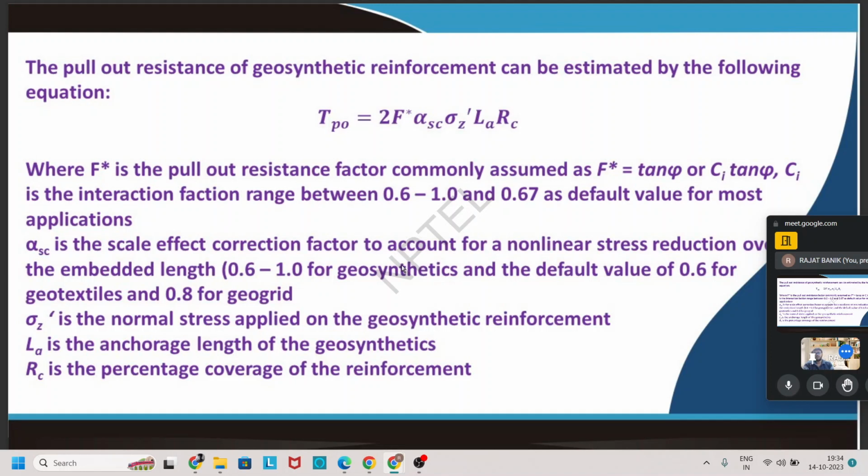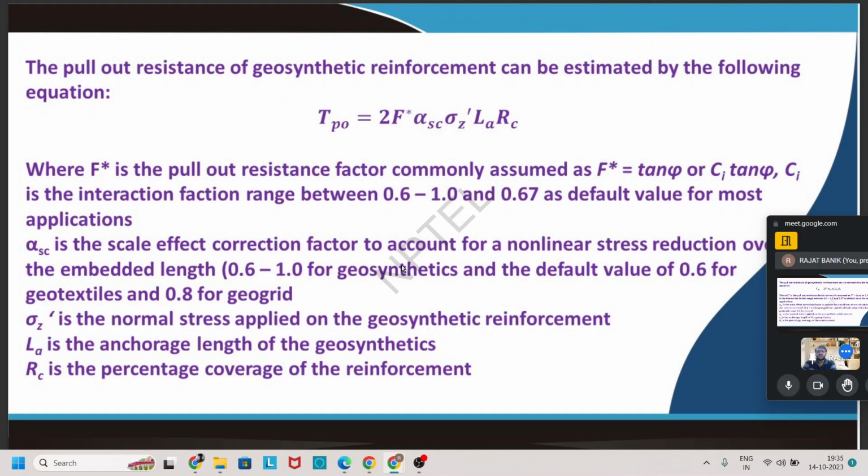Now we find out the force acting on this reinforced soil. To find out the total pullout resistance, we use a similar formula which we used for mechanically stabilized soil.